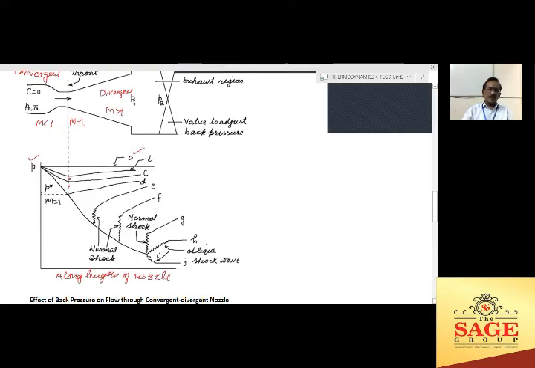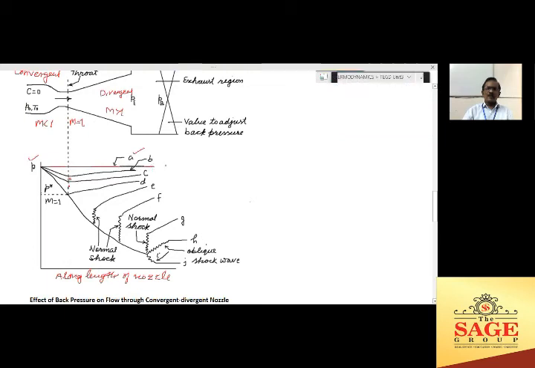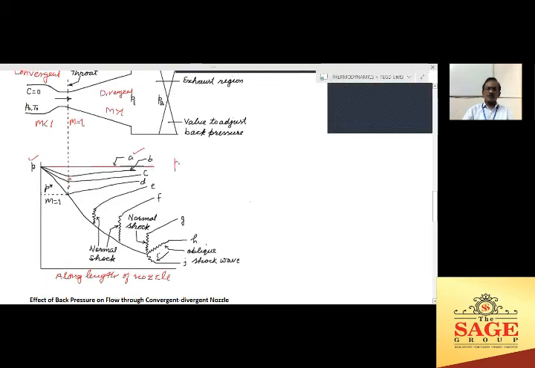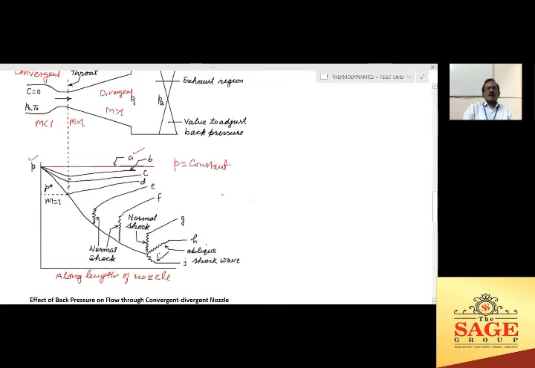So this line A is the horizontal line, and this horizontal line indicates that here pressure P is constant. It means from inlet to exit side across the nozzle, there is no change in the pressure.